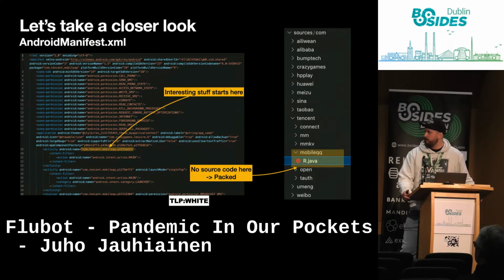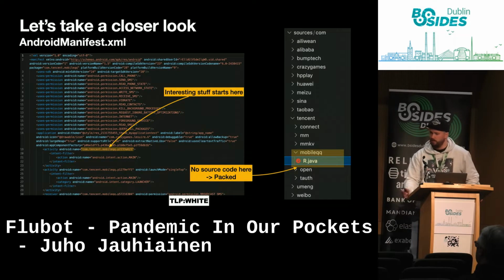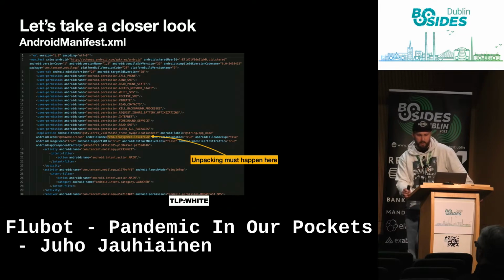The first thing we can see is that there is this main function inside of the mobile QQ named package, but you cannot find the source code there, so it's packing. And if you go one line above, you can see that there is this crazy games package, which probably includes the code for the packing.